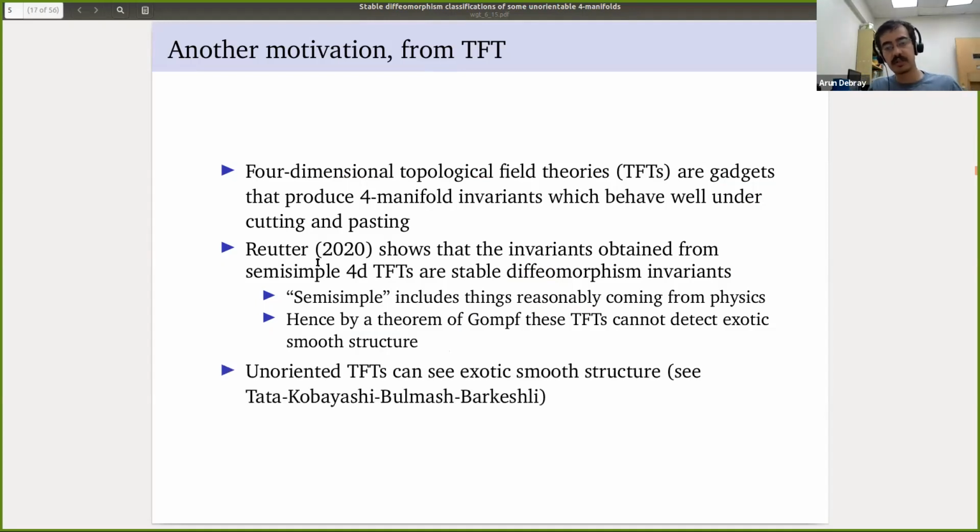There's a notion of an unoriented topological field theory, and you just get invariants of unoriented 4 manifolds. It turns out that these can see exotic smooth structures on RP4. There's a paper of Tata, Kobayashi, Barkeshli, and Bulmash. I'd like to point out this is a physics paper that is still asking about 4 manifold invariants. It's these kinds of questions that led me to thinking about unoriented stable diffeomorphism.